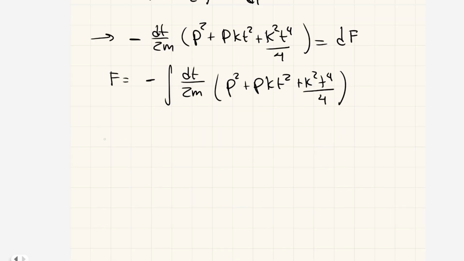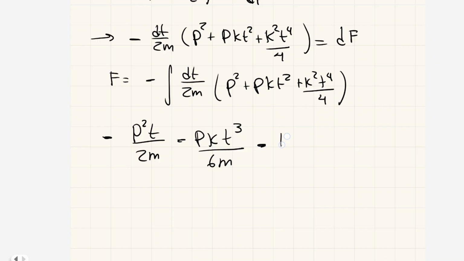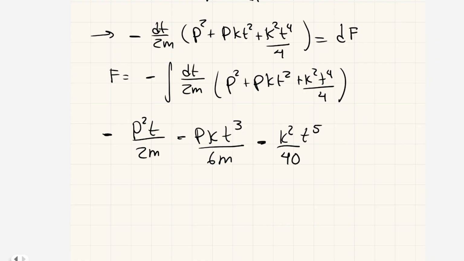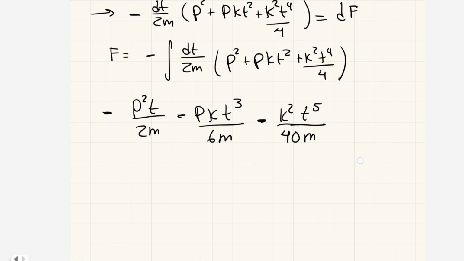So we will get that this is minus P squared t divided by 2m, minus Pk t to the third power divided by 6m, and then minus k squared divided by 40m, and then t to the fifth power, like this.